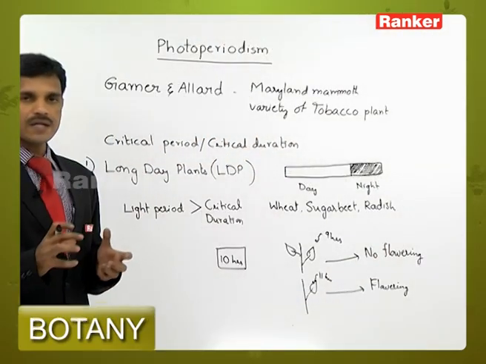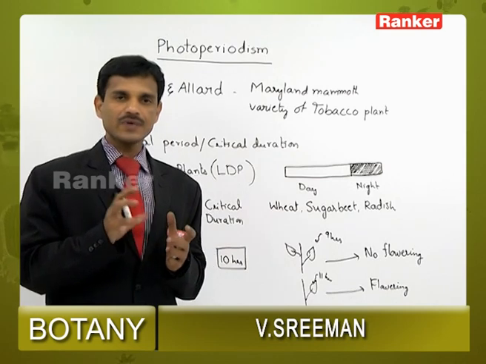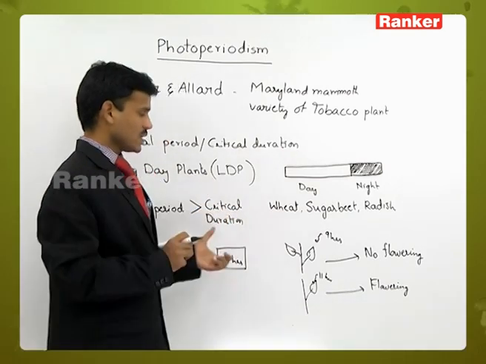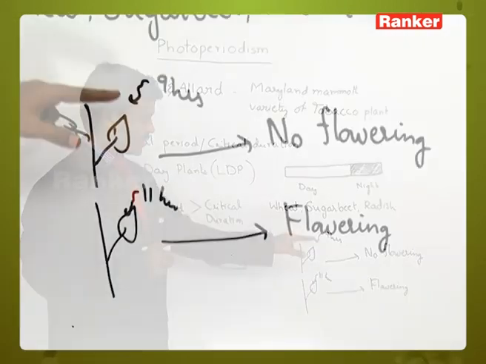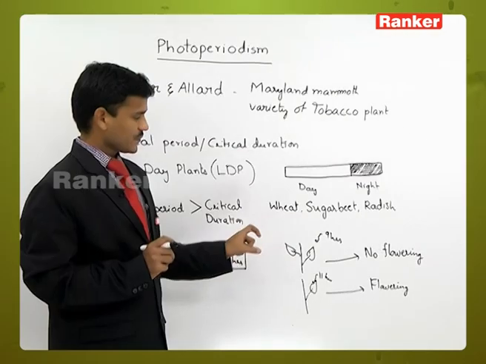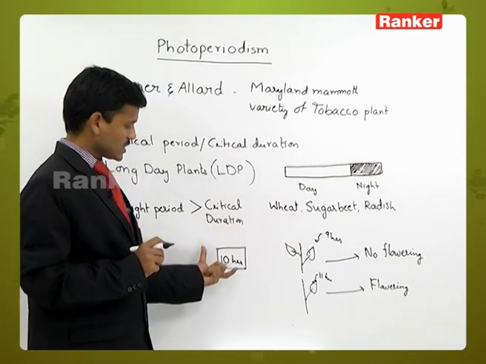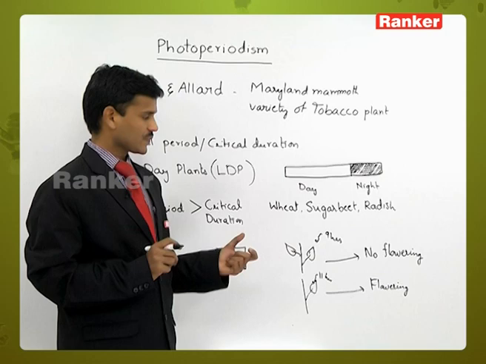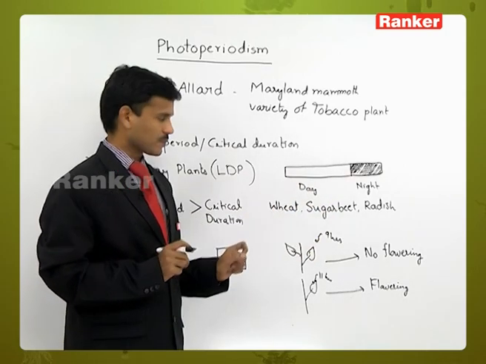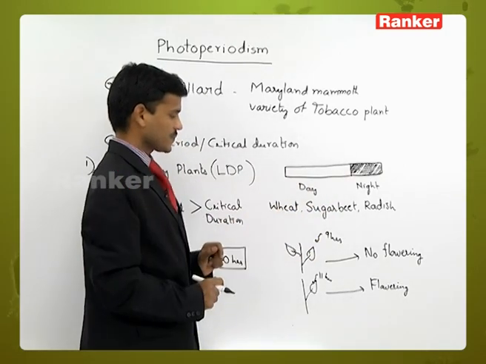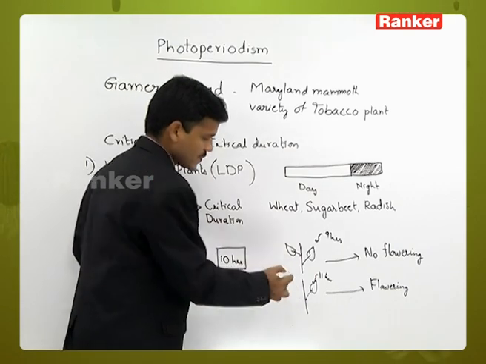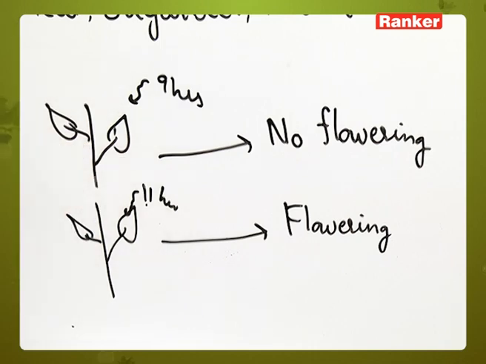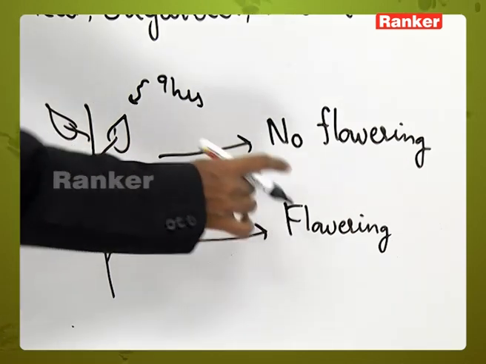Not only a single day, but continuously for some weeks, for one month or two months, when the plant is exposed to only 9 hours of light, followed by dark time or night time, no flowering occurs. For another plant of the same species exposed to 11 hours of light, flowering is initiated.